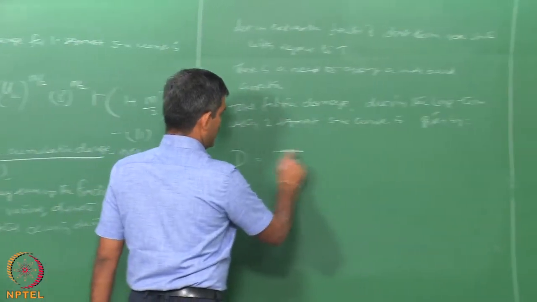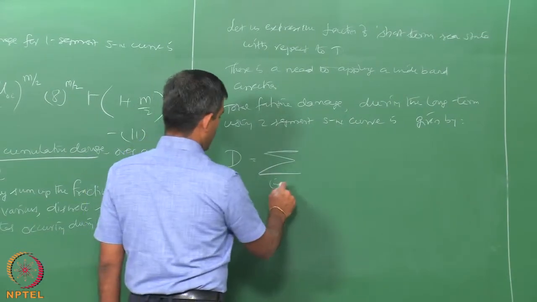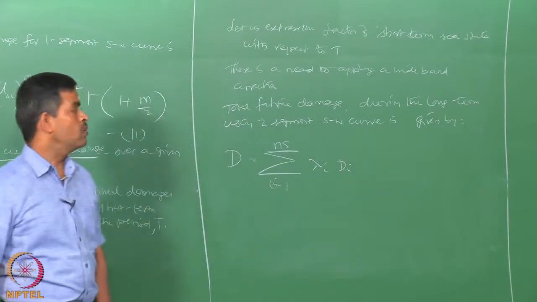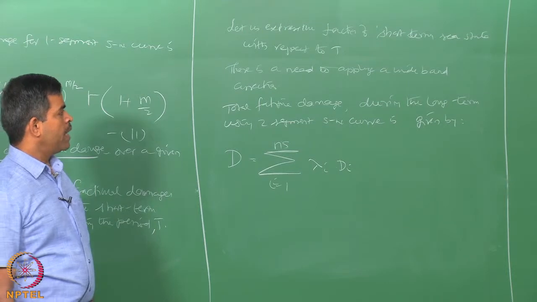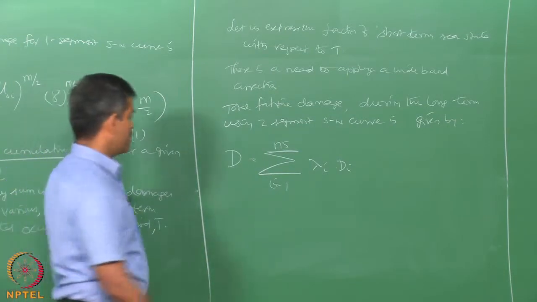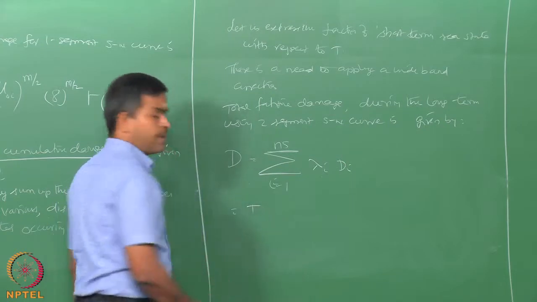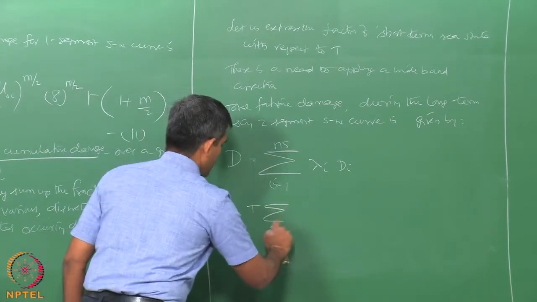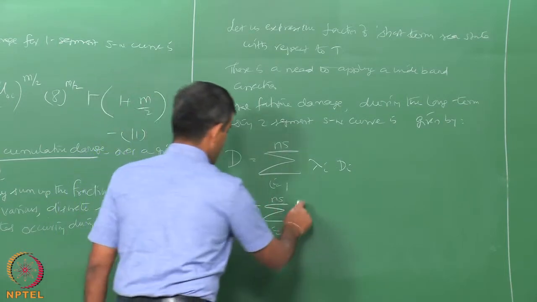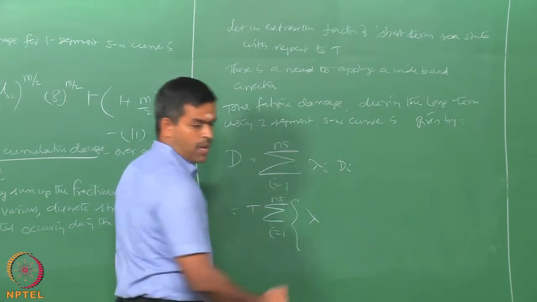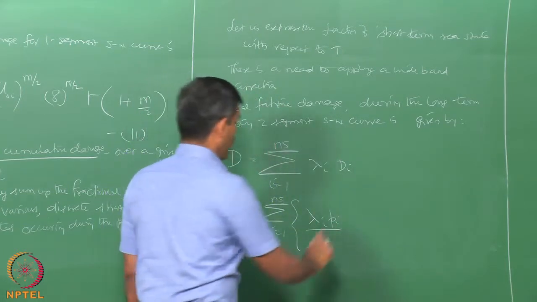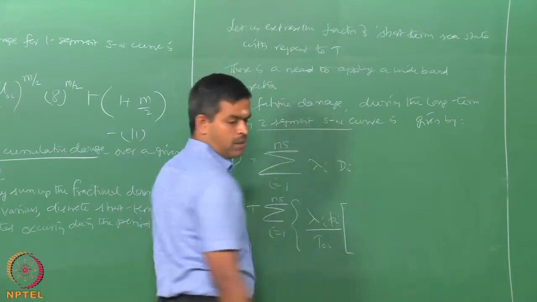Therefore, I should say it is going to be the sum of I equals 1 to ns lambda I d i, that is a factor which is going to make the correction for a wide band, because the process assumed is a narrow band, which I say is going to be t, that is the period over which I am looking at the damage, summation of I equals 1 to ns lambda I pi by T naught I of, I am talking about the 2 segment SN curve. So, there are 2 different segments.